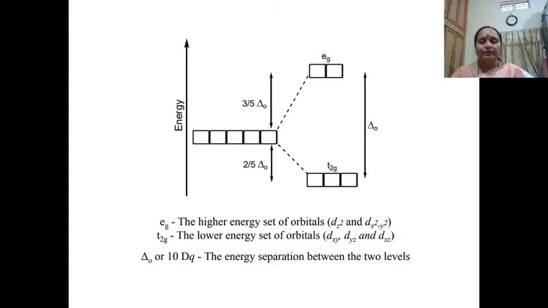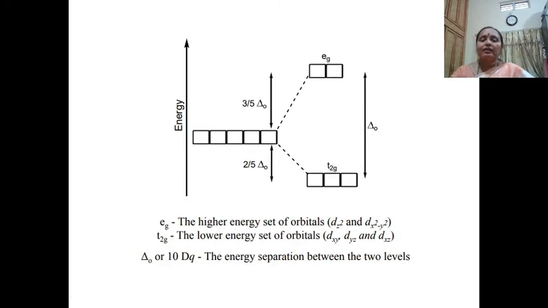What we observe is that the 3 d orbitals, that is dxy, dyz and dxz, undergo less repulsions. So they have a lower energy, and these 3 orbitals are called T2g.